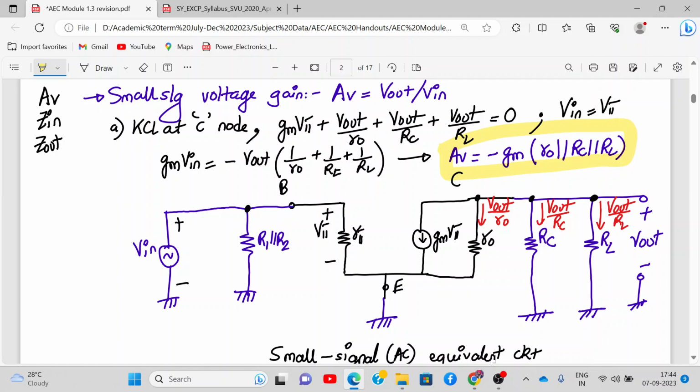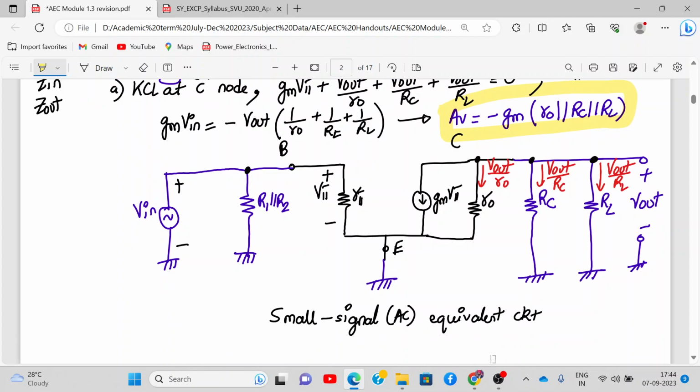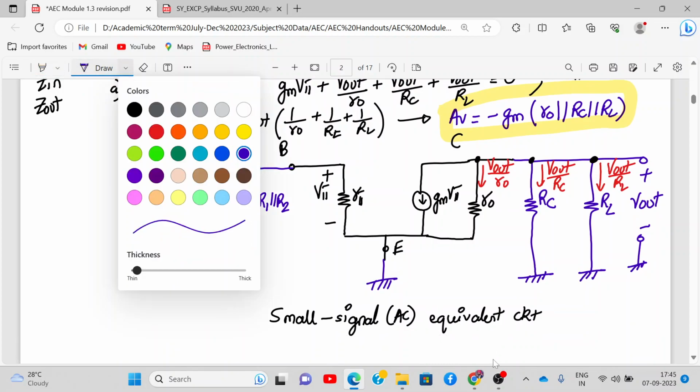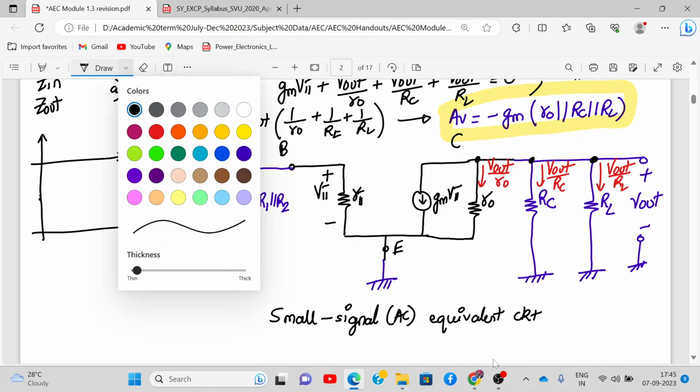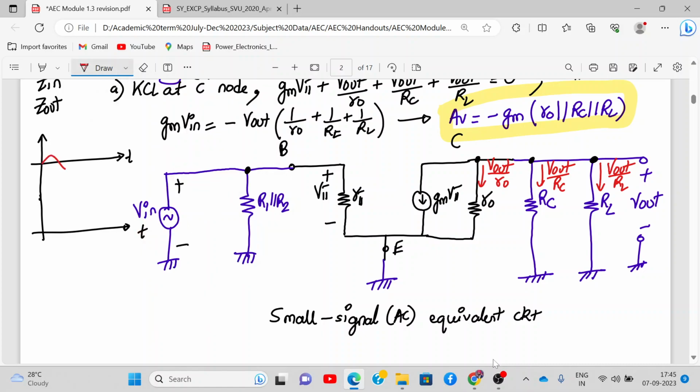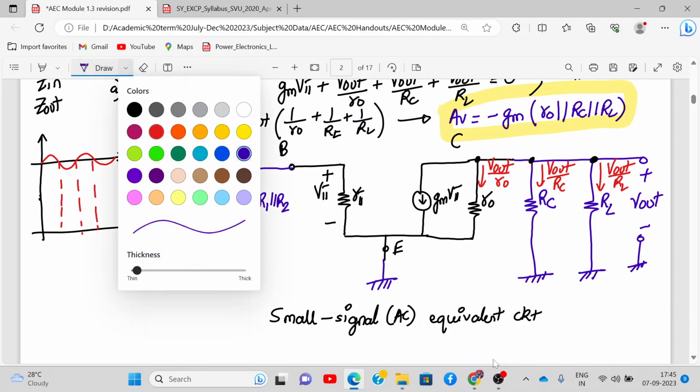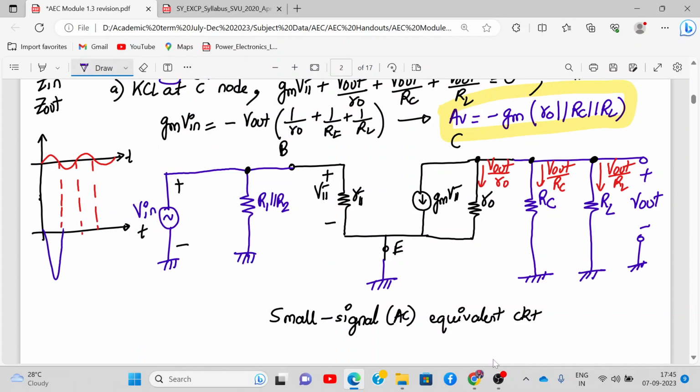Does anyone know what the negative sign indicates? Input and output are out of phase by 180 degrees. Perfect. Let me draw the input output waveform. If this is my V in and this is my V out versus time, and my input waveform is like this, my output waveform will be an out of phase signal, like this.